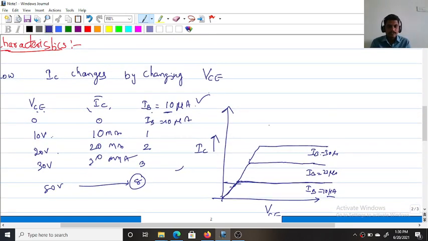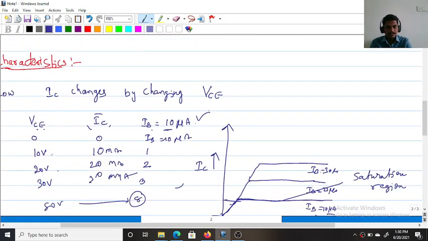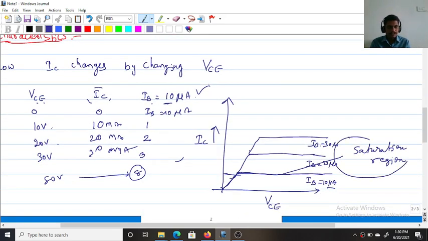So this is called the saturation region. In input characteristics, we saw the cutoff region. This is the cutoff region, and this is the saturation region.